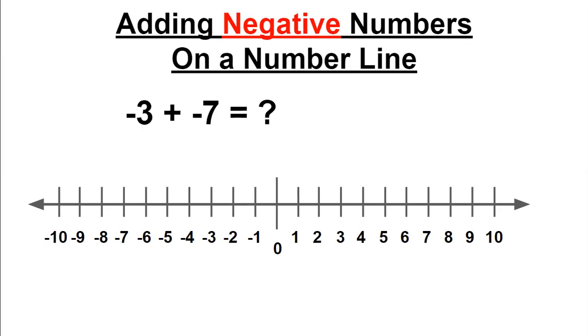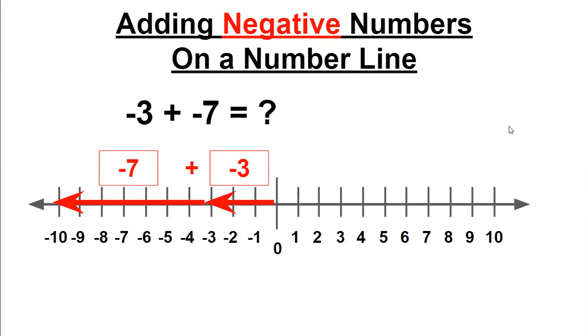Correct, to the left, because I'm going negative direction. So negative 3 plus negative 7 equals, where did I land? Negative 10. So negative 3 plus negative 7 equals negative 10.